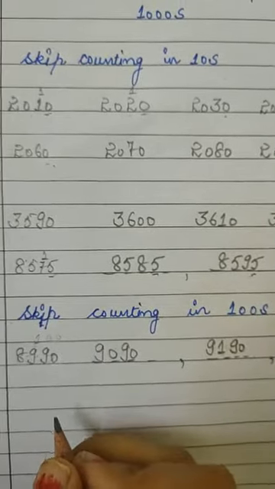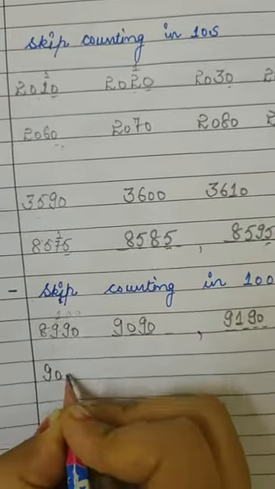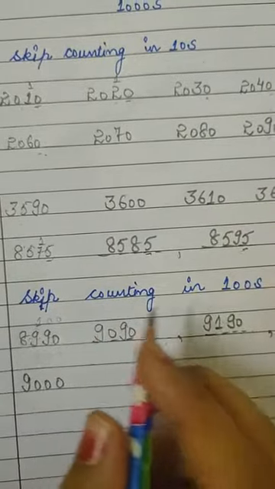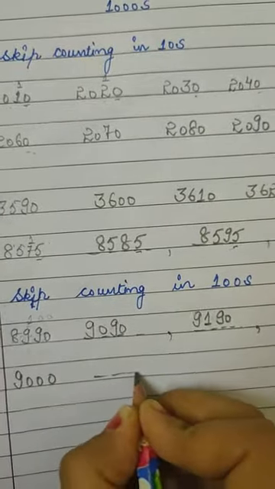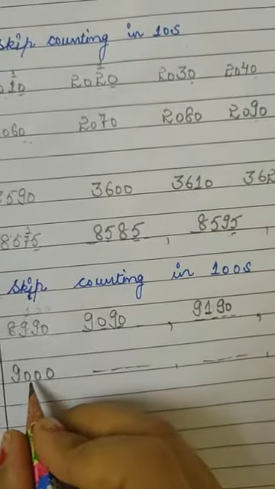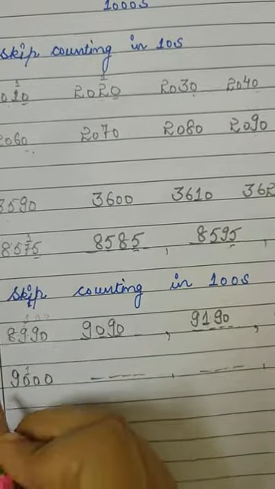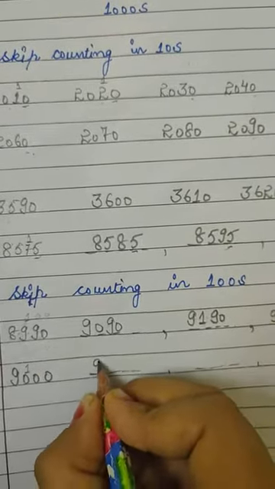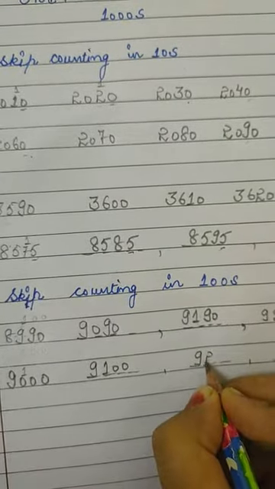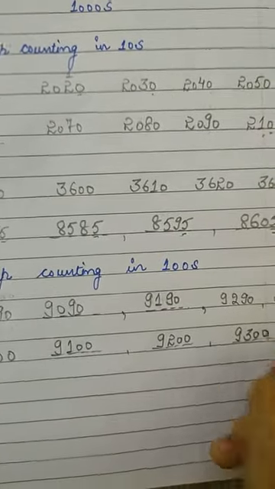Take another example. That is 9,000. Right? And we have to skip count in hundreds, meaning we have to complete this. Now add 1 in the hundreds place. What do we get? 9,100, then 9,200, then 9,300. Right?